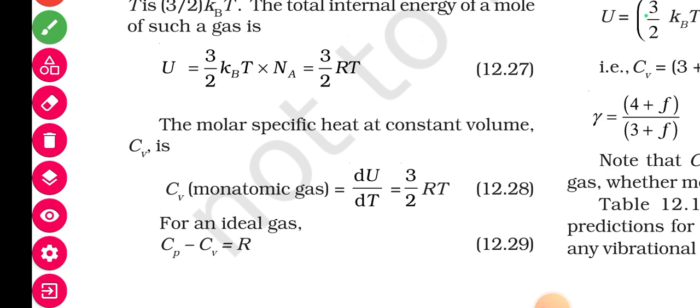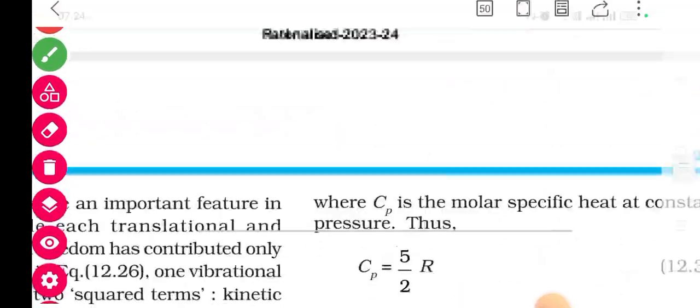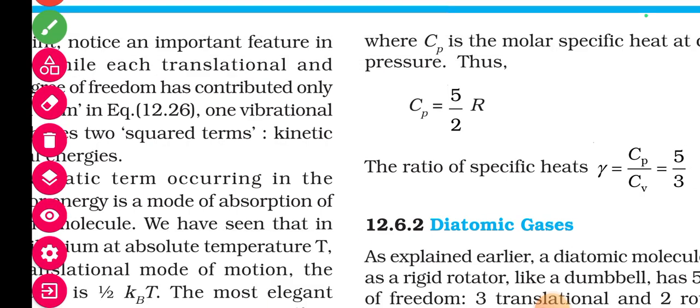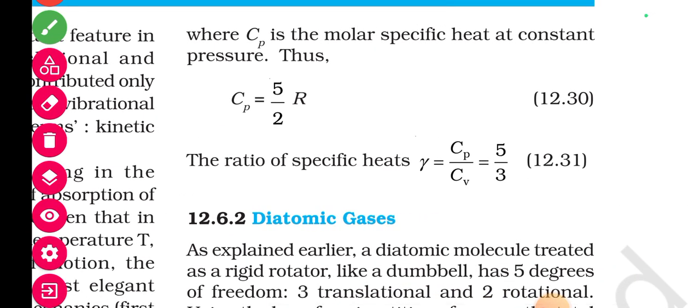So Cv will be how much? When we differentiate with respect to temperature, Cv will be 3 by 2 R. This is Cv for monoatomic gas. For an ideal gas, as I told you, Cp is greater than Cv, and Cp minus Cv is R. So Cp will be 3 by 2 plus 1, which is 5 by 2 R. So for a monoatomic gas, Cp is 5 by 2 R, and if we take the ratio of specific heats, Cp upon Cv is 5 by 3.